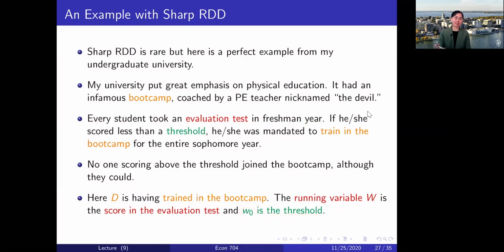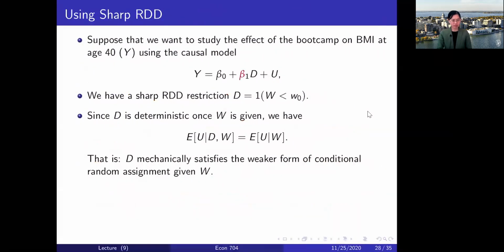So that is a very clean, very perfect sharp RDD design example. Now, suppose that we want to use this RDD to study the effect of the boot camp on BMI, body mass index, at age 40 using this simple causal model.